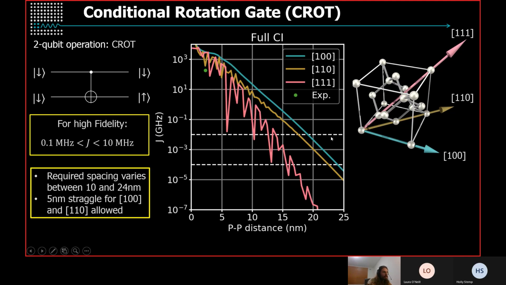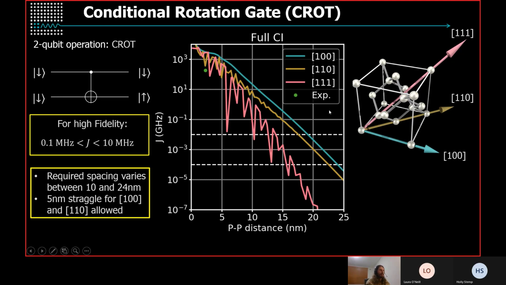So this range is shown here by the dotted lines in the exchange interaction, which is shown as a function of distance on a logarithmic scale for the 3 crystal orientations. And you can see that for high fidelity operations, we have to position the donors between 10 and like 24 nanometers in distance. And you can also see that there are really large distance differences between the 3 crystal orientations.